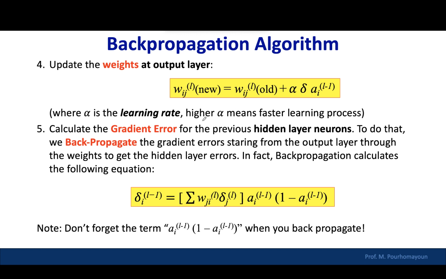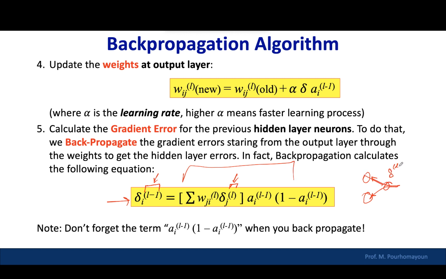So we update the weights and backpropagate the error. Look, I just moved to the previous layer. Okay, so this was layer L. This is layer L minus 1. You don't need to remember this equation because in fact this is equivalent to moving backward in the network. Whatever your network was, for example, 1 neuron here, 2 neurons here, this summation and everything is like moving the error at this level.